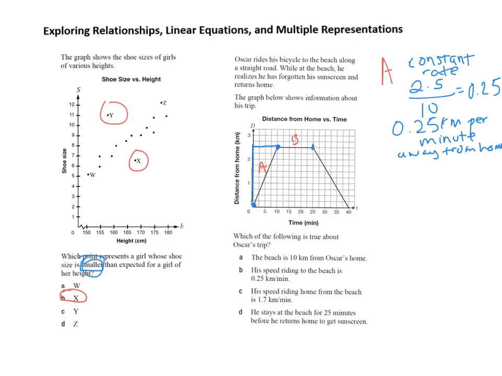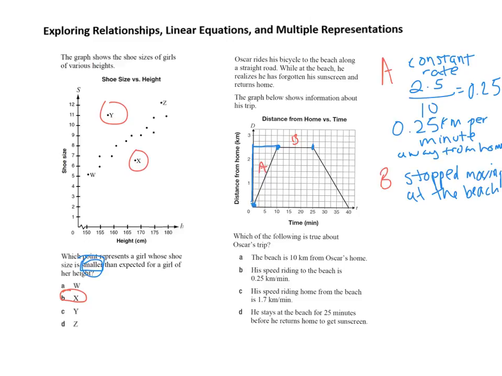What that means is for 15 minutes, Oscar did not move away from home. He stopped at the beach. So if I'm interpreting B, I would just write in here, stopped moving, and we know he's at the beach.